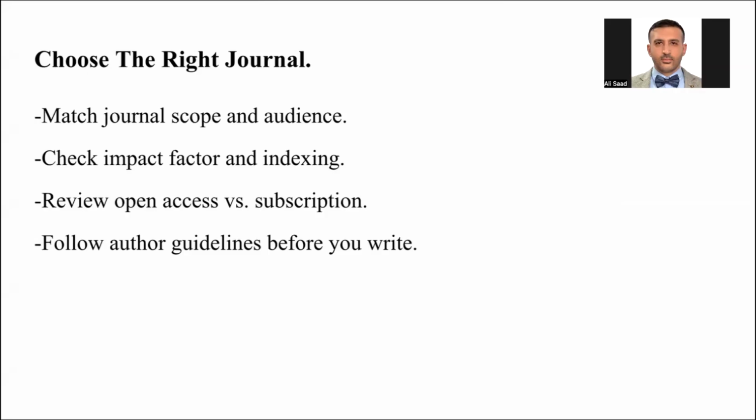For example, oncology journals have a high impact factor because it's an emerging and very cited field, while ophthalmology has a lower impact factor. So maybe a Q1 journal will have an impact factor of 3, while a Q1 oncology journal will have an impact factor of 22. So it depends on the scope and subject of the paper.